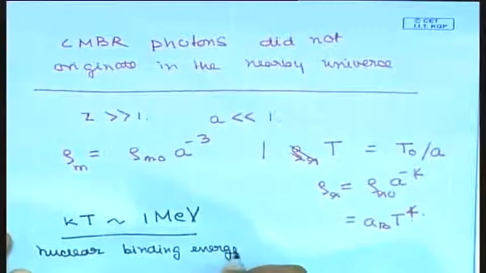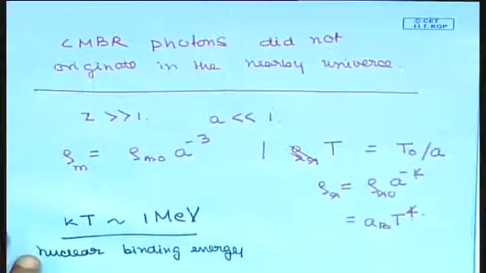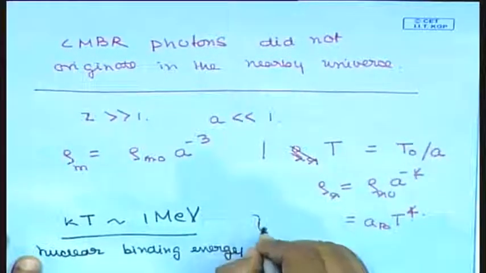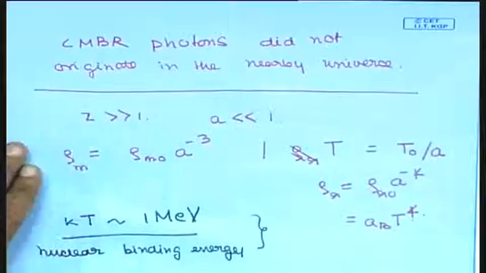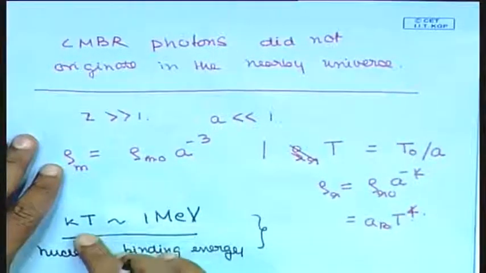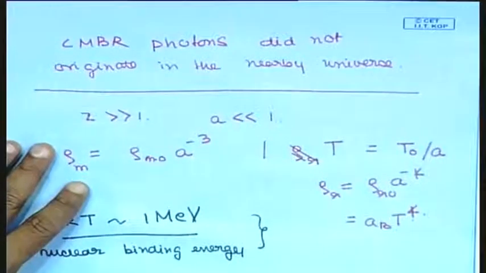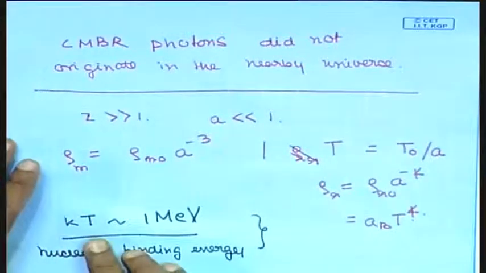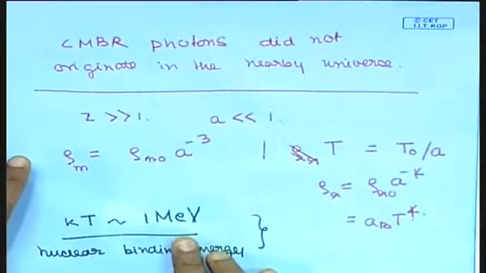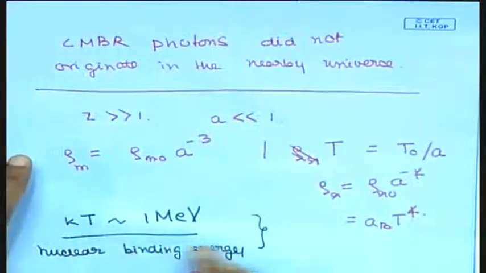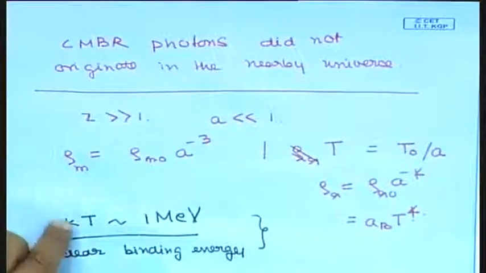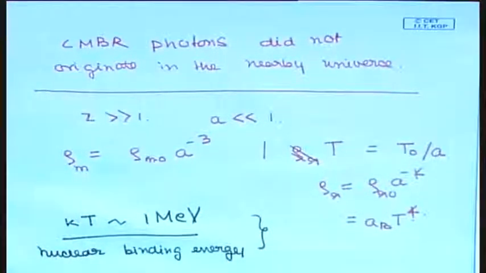So all the nuclei will get dissociated, and essentially you have nuclear reactions taking place at those high redshifts, and so you can explain the light element abundances, assuming that they were formed in this high density and high temperature material that was there in the universe at high redshifts.